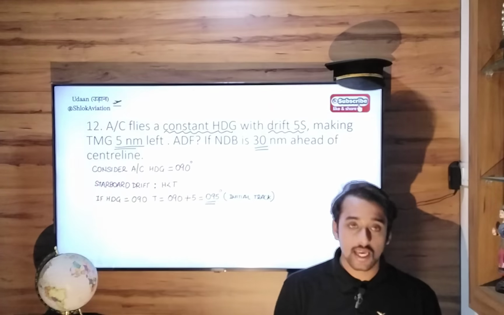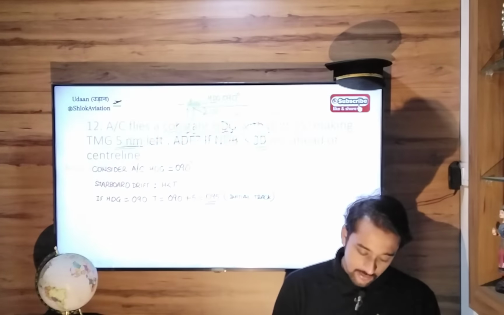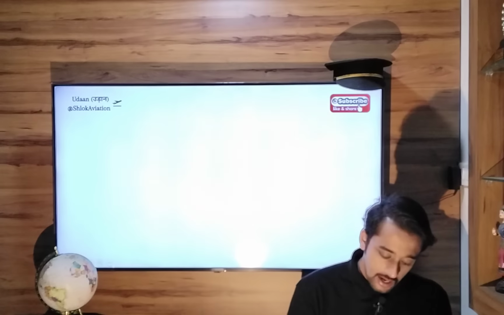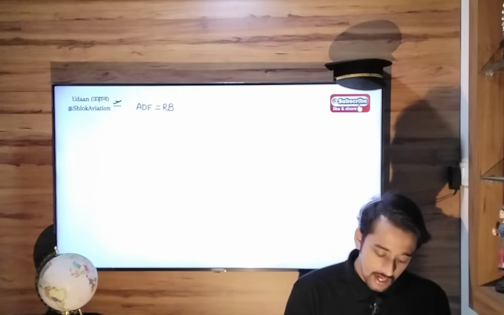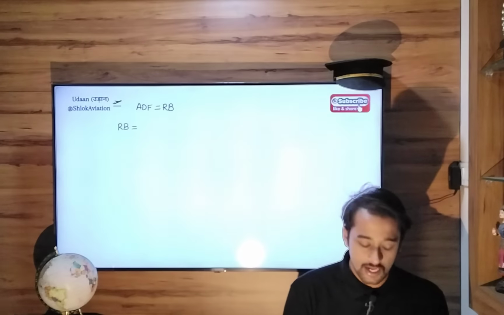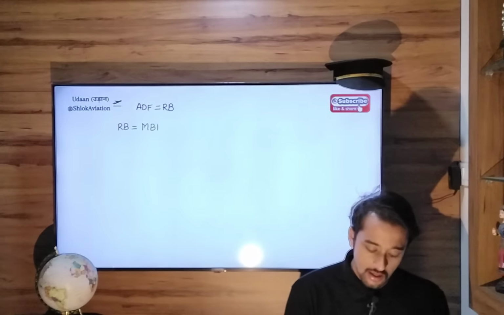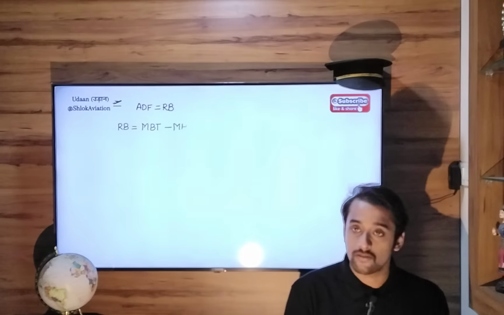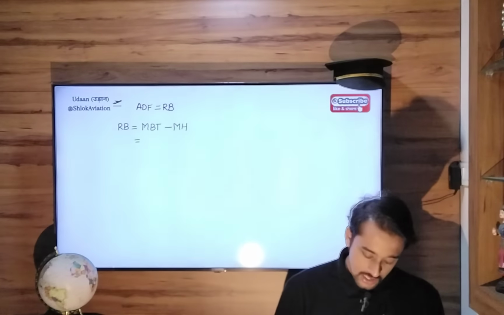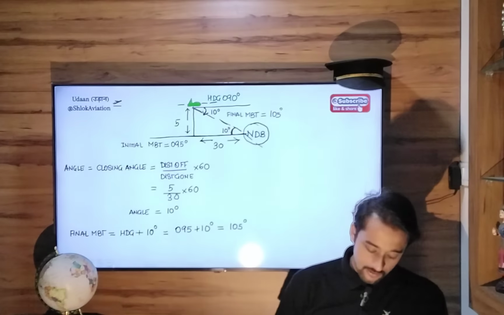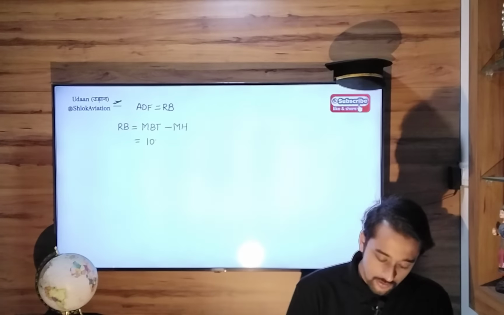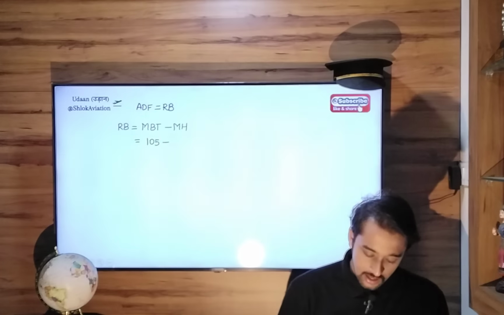Now, what is ADF? ADF is nothing but your relative bearing, and relative bearing is magnetic bearing to the station minus magnetic heading. So magnetic bearing to the station is how much? The final one, 105. What is magnetic heading?